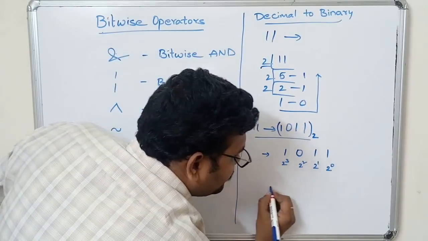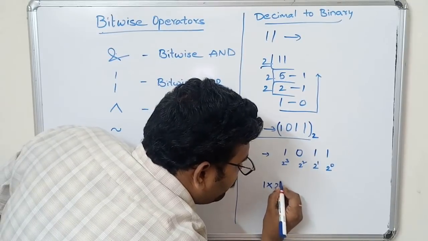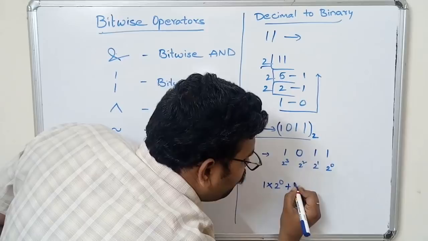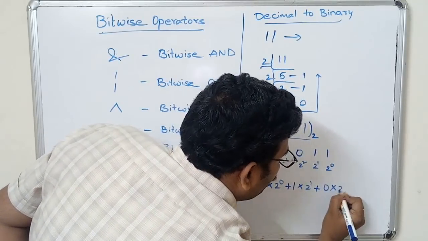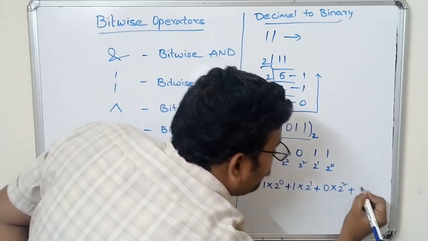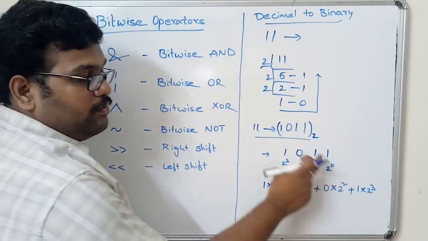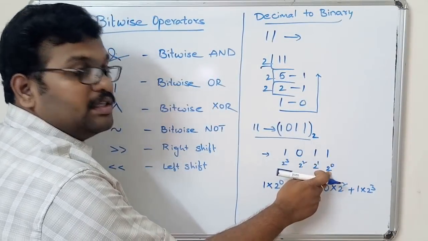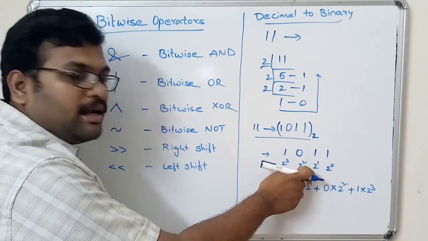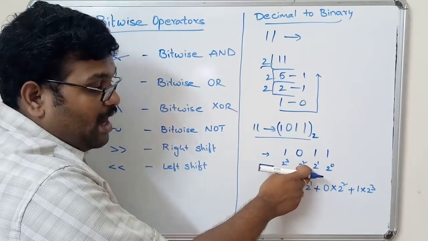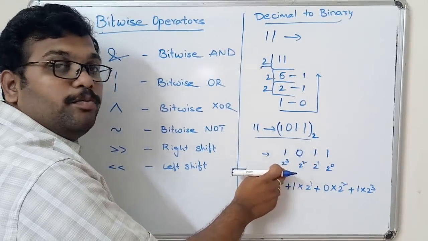So see, 1 into 2 power 0 plus 1 into 2 power 1 plus 0 into 2 power 2 plus 1 into 2 power 3. Hope you understood the bit: multiply this one, plus the second bit and second power, plus the third bit and 2 square, plus the fourth bit and 2 power 3.